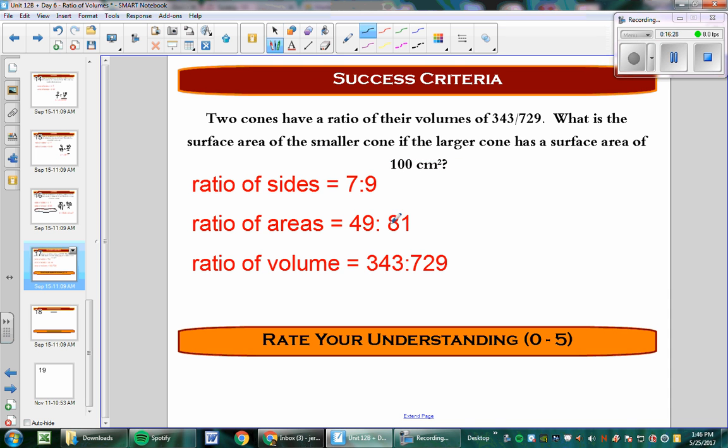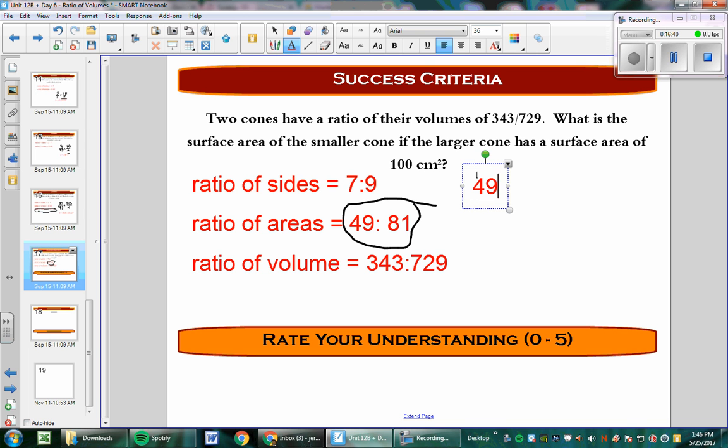So now, what's the surface area of the smaller cone if the larger one has a surface area of 100 centimeters squared? This is what I use. So I'm going to have 49 over 81 and set that equal to, the larger one has a surface area of 100, so that's 100, and I'll put an X here.